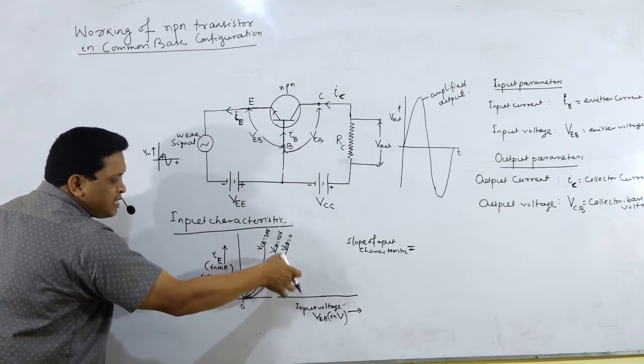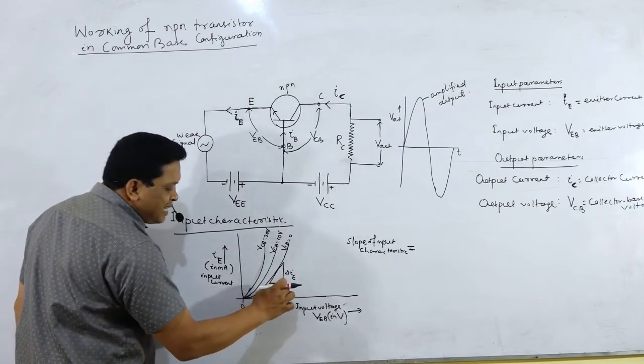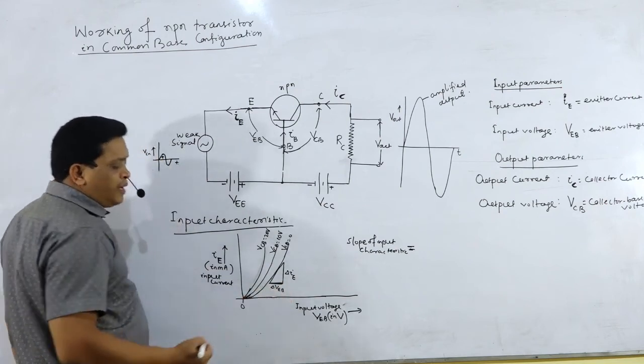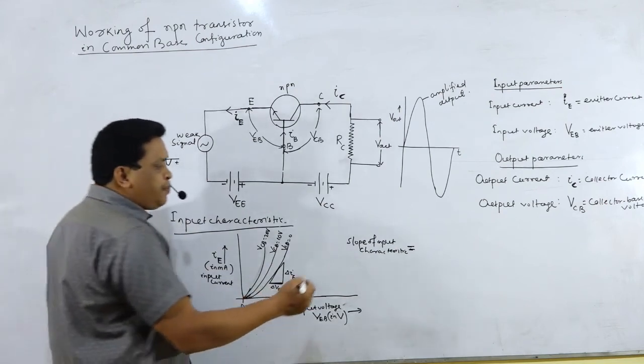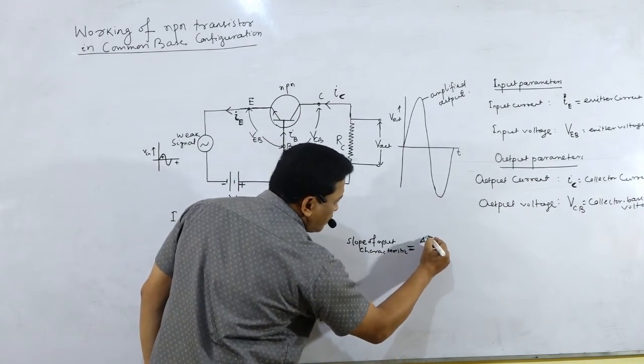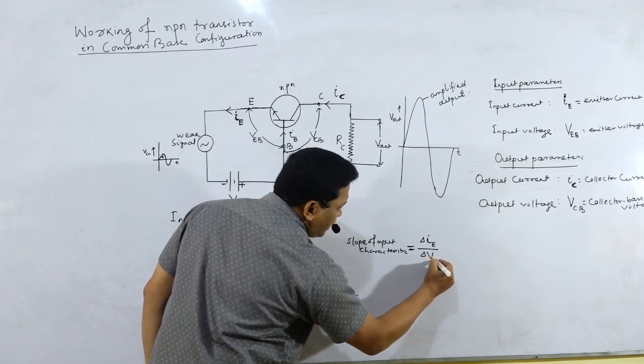Along the y-axis we have taken emitter current, and along the x-axis we have taken emitter base voltage, input voltage. Therefore the slope of the input characteristic is equal to delta IE by delta VEB.